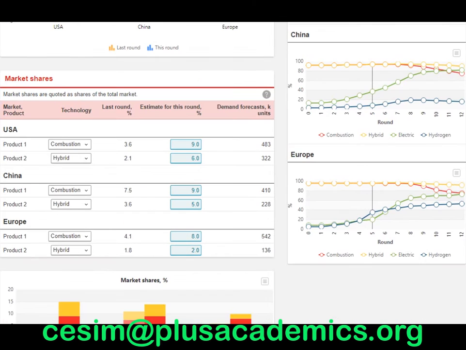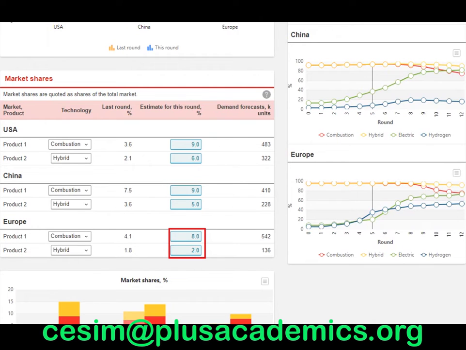Okay, let's go to market share for specifics. In USA, for our combustion product, which is a combustion car, we estimate that demand will increase to 9%, and the hybrid product will increase to 6% from 2.1. China will also increase our demand for combustion car to 9% and hybrid to 5%.